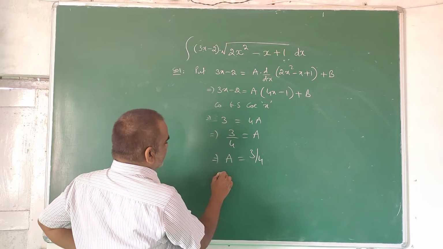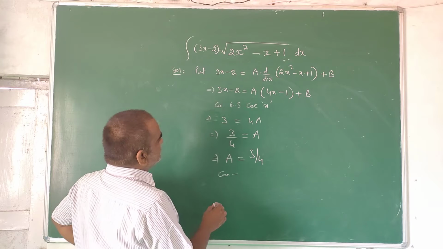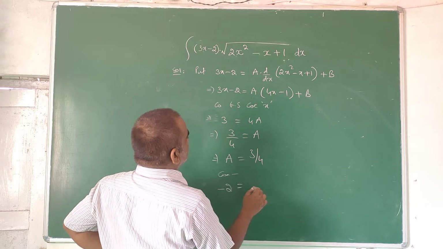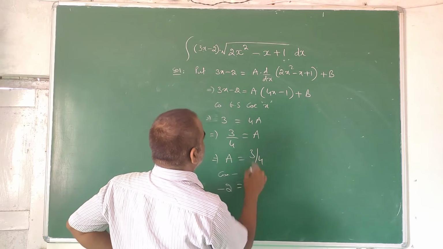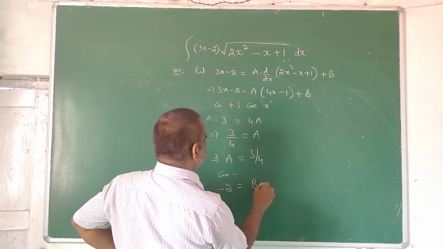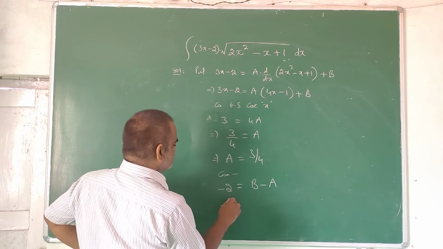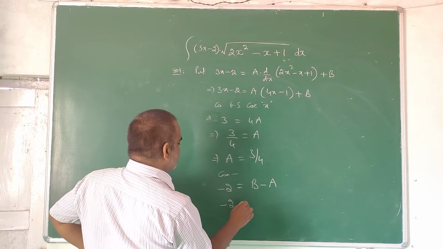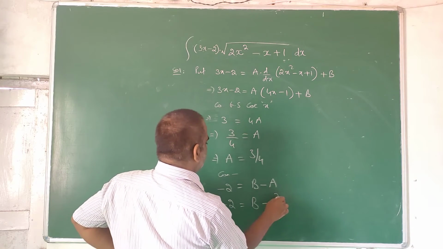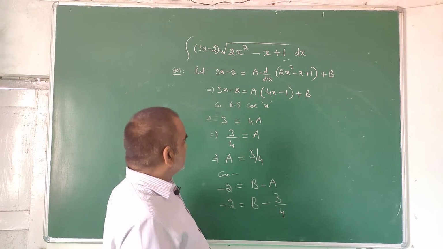Now comparing constants on both sides, this side constant is minus 2, that side constant is minus a plus b, which is b minus a. Now on substituting a value, minus 2 is equal to b minus 3 by 4, right?